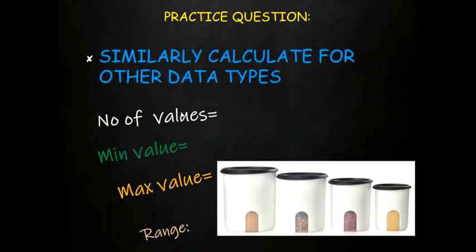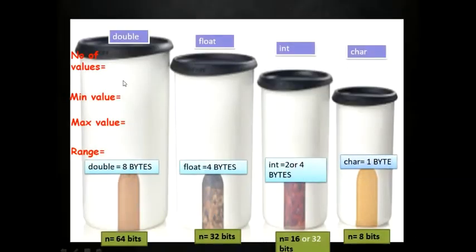Now since I have explained to you how to work out the range of character, the number of values it can hold, the minimum value, the maximum value, I would like you to do all these computations for the different data types shown, that is for character, for int, for float, and for double.